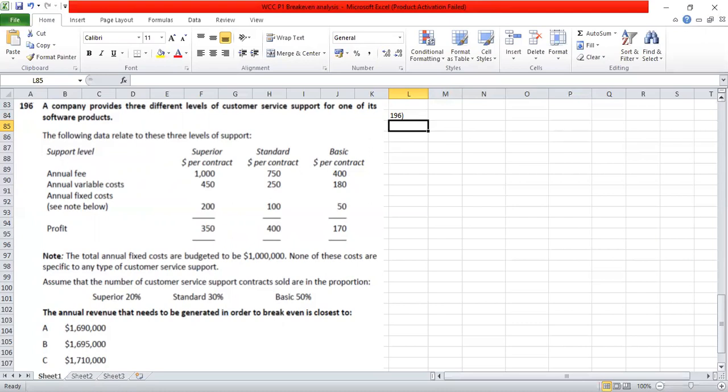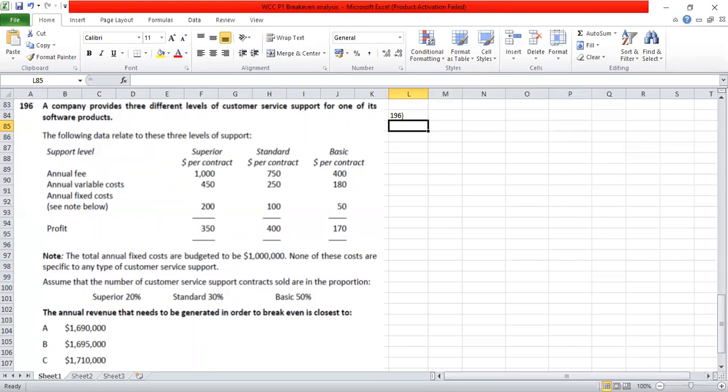I guess this is a little similar to the one which we have done before, this 194. The percentages are given, so weights are also given.